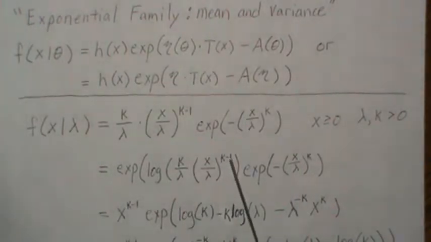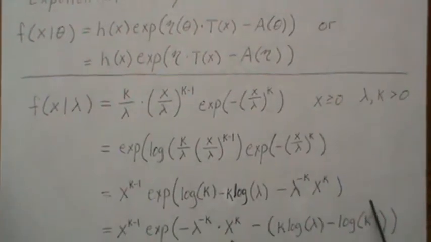And to the k, not k minus 1, because we're combining those. So the exponent can be brought out front. And now here we have the minus, and we have x to the k, and then if we bring up the lambda, it's to the minus 1, but it's raised to the k power. So we're here. And then we're actually finished.